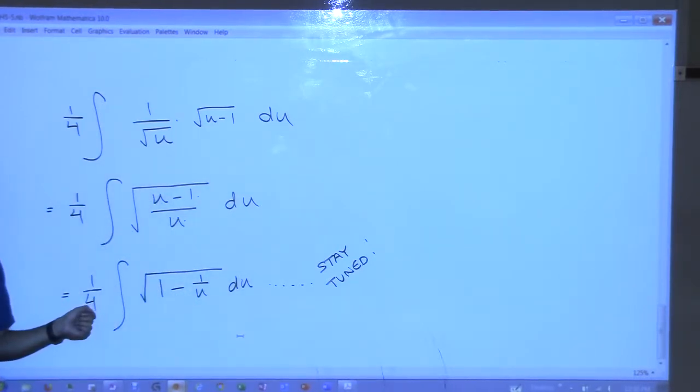Well, I guess I need to clarify. What we have in Cal 1 are the rules, right? Product rule, quotient rule, chain rule. When we're trying to find antiderivatives, we have techniques, or methods. They're not guaranteed to work. They might work.